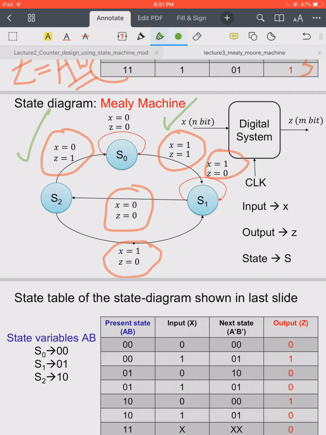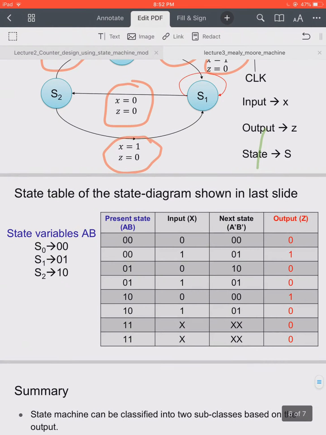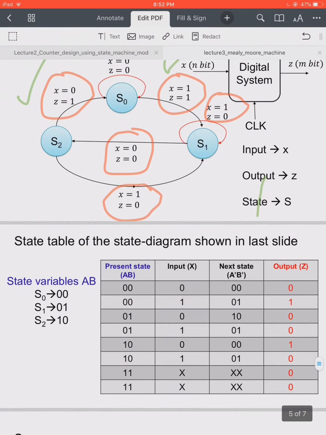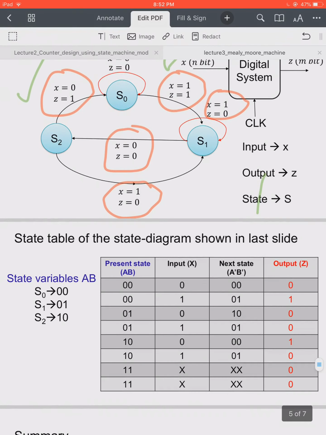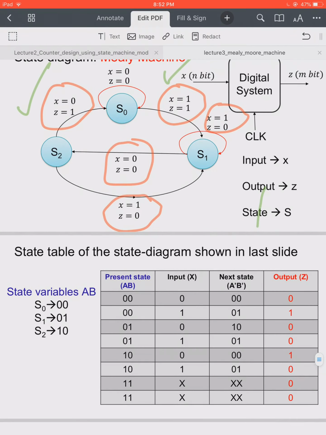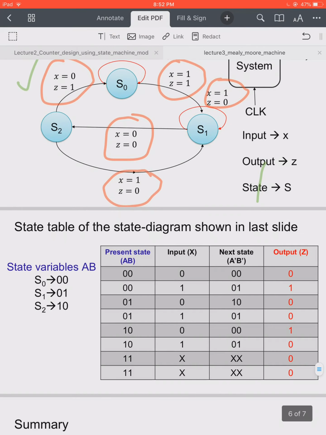Okay, so here we have three states, S0, S1 and S2. So obviously again we need two state variables, A and B. S0 is 0 0, S1 is 0 1 and S2 is 1 0. There is another possibility, 1 1, but this is not going to come into our specification.